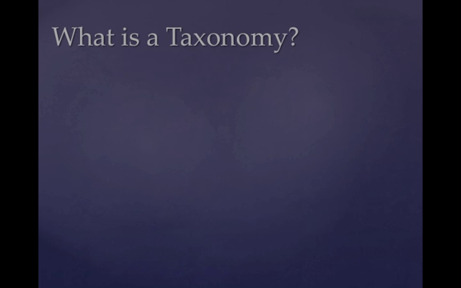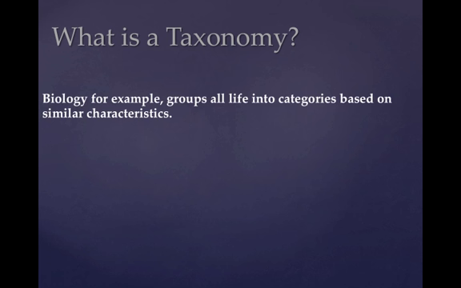You may be familiar with the word taxonomy from science. So we're going to look today at an example from biology. Biology, for example, groups all of life into categories based on similar characteristics. If you've had a biology class or you're currently taking one, chances are you've run into this concept of taxonomy, where we take life and divide it into different groups based on the characteristics that things have in common.